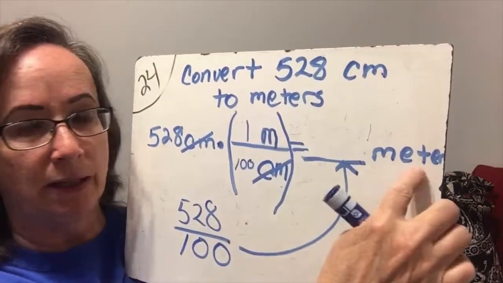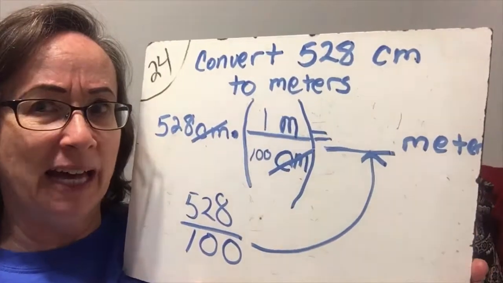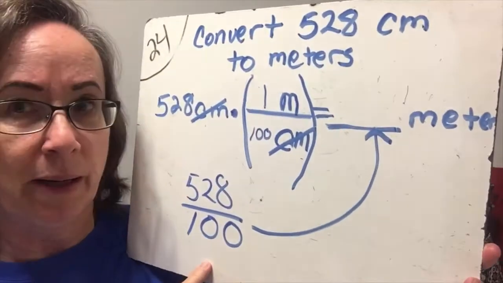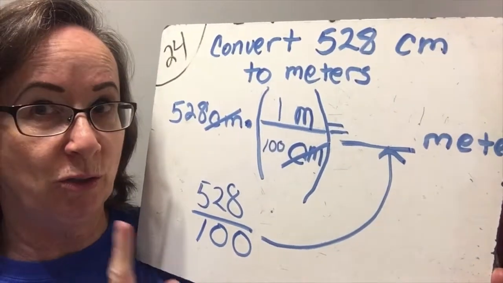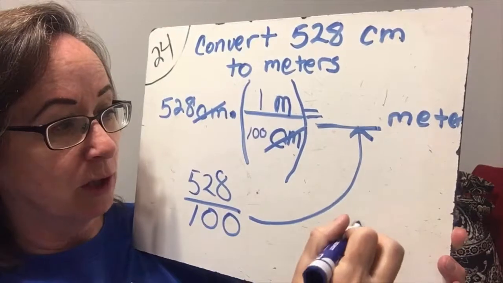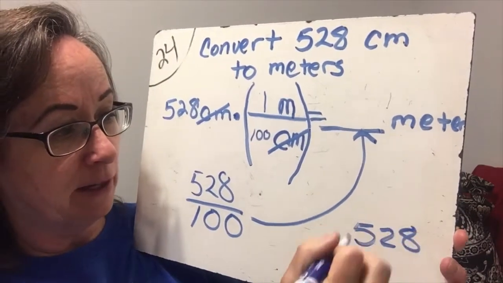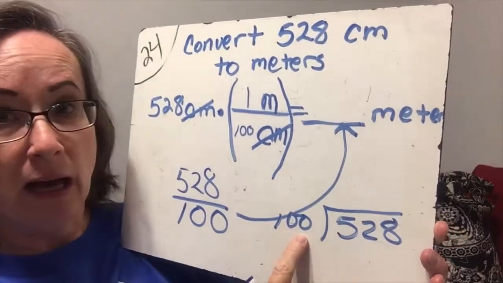We're left with meters, which is what we wanted. So when we divide by 100, remember, all we have to do is move the decimal 2 places to the left.